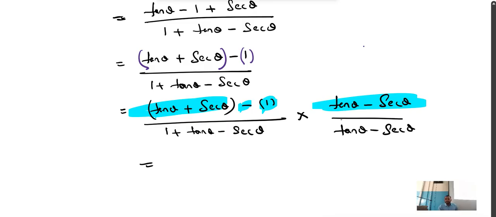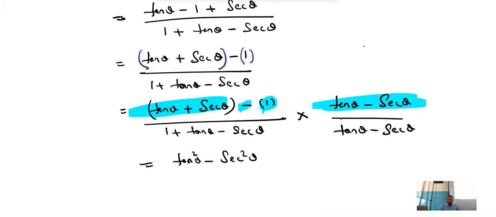Observe here. Tan theta plus secant theta into tan theta minus secant theta. It's in the form of A plus B into A minus B, which is A square minus B square. So tan theta plus secant theta into tan theta minus secant theta is tan square theta minus secant square theta.